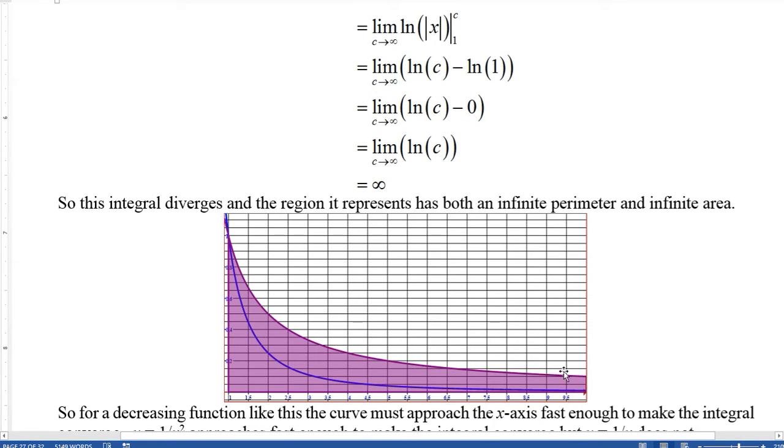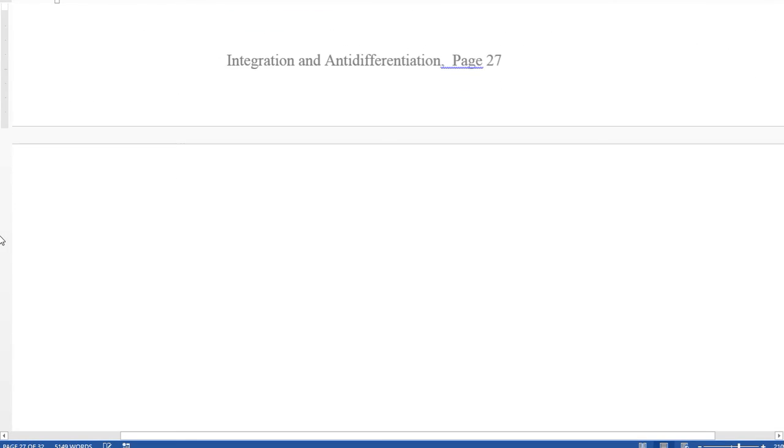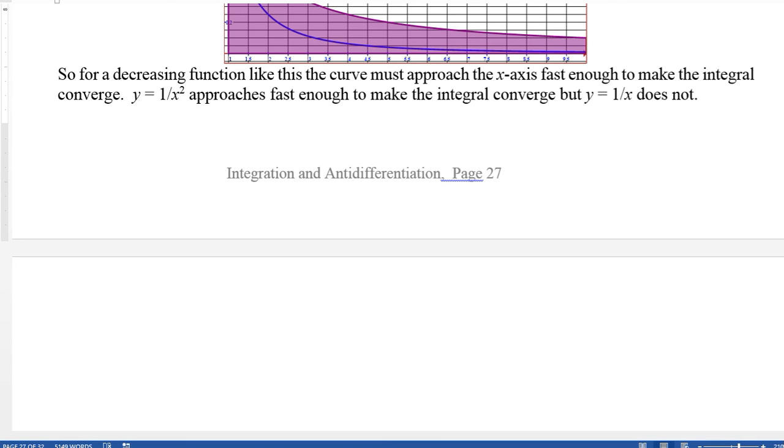If it was approaching some value up here, a horizontal line up here, or going off to infinity, you could clearly see that that's going to be an infinite area. So the only way this can possibly happen is if the function approaches the x-axis. But as we see, even that's not necessarily enough. You have to work this out and see what happens. Okay, we'll stop there on this video.